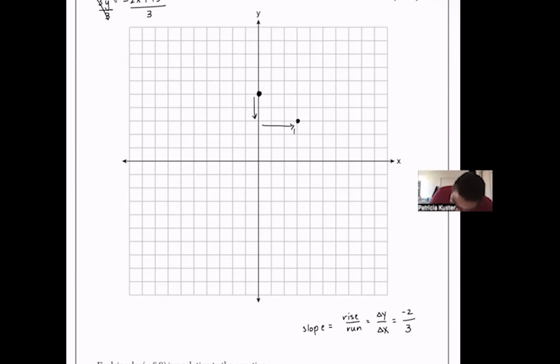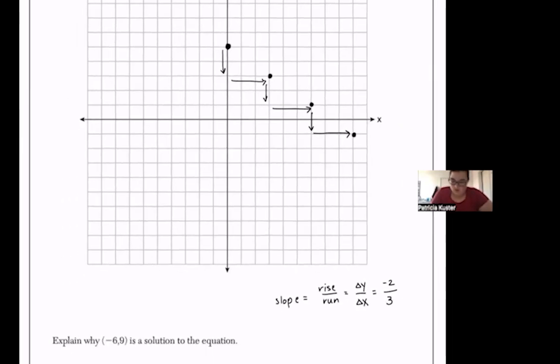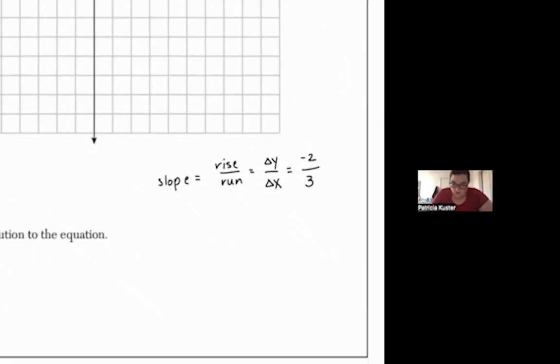I can just keep following that pattern. Down 2, over 3, down 2, over 3. Let's go the other direction as well. Imagine you take the negative 2/3, and instead of putting that negative at the top, you could also say that this is the same thing as 2 over negative 3.